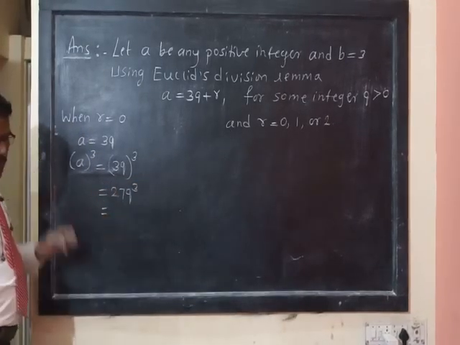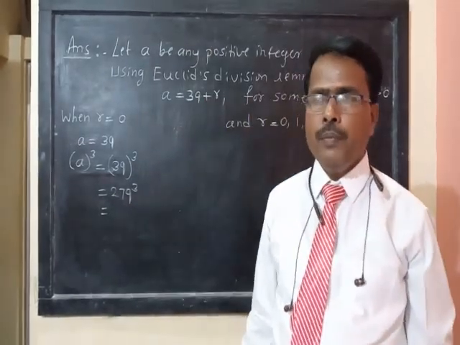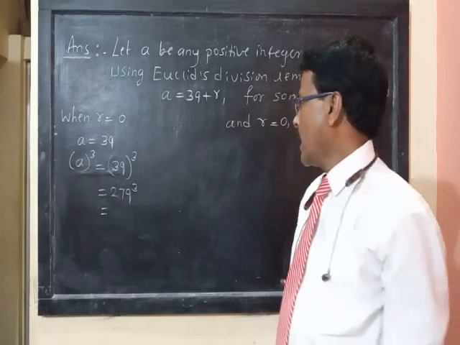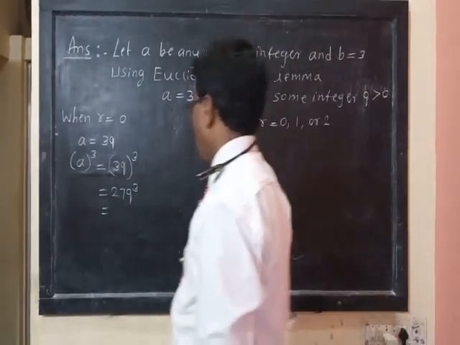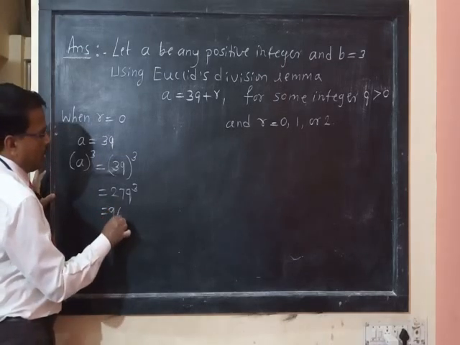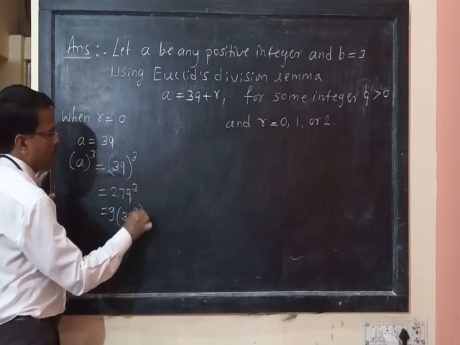What is told to prove? It is of the form 9m plus 1 or 9m plus 8. So I can write this as 9 into (3 Q cube).